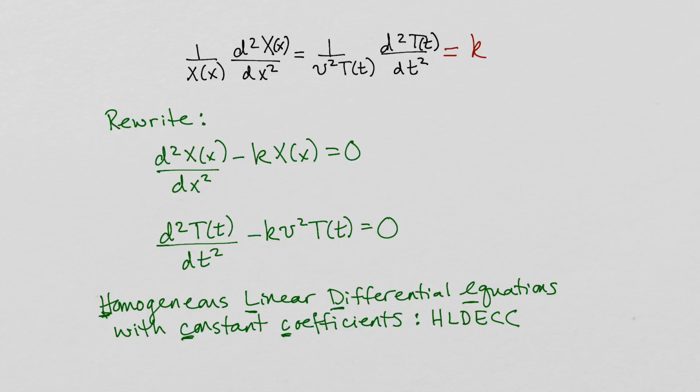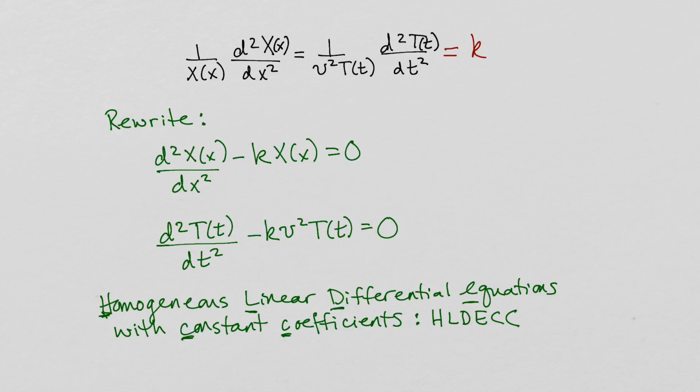Well, it turns out that there's a nice solution to this type of equation. So your job in life right now is to be able to recognize this form of an equation, where you have your second derivative and then just a constant times your variable.